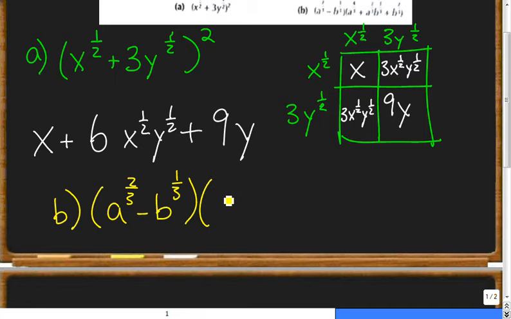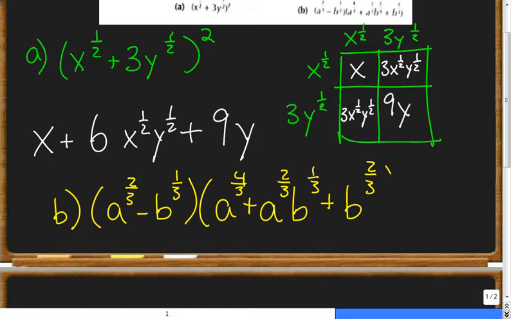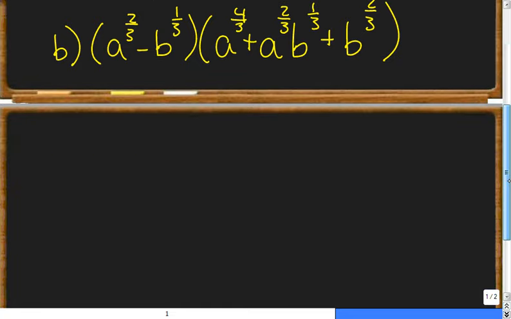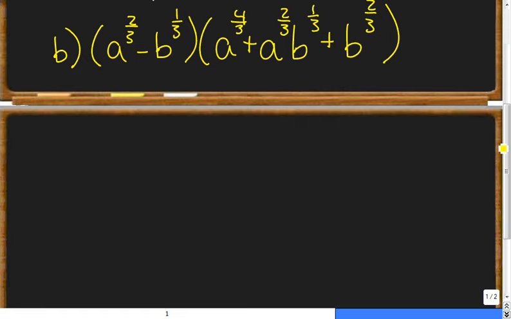This is multiplied by a to the 4/3 plus a to the 2/3 b to the 1/3 plus b to the 2/3. And you're like, wow, this is kind of crazy. Well, instead of being a square, this is actually kind of a rectangle, right? It's not the same thing. So you could still do it the same way that we just did.